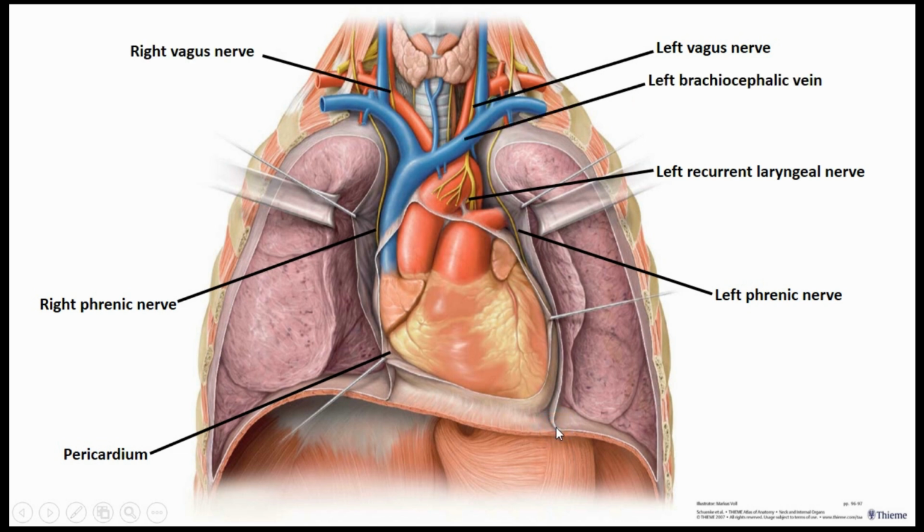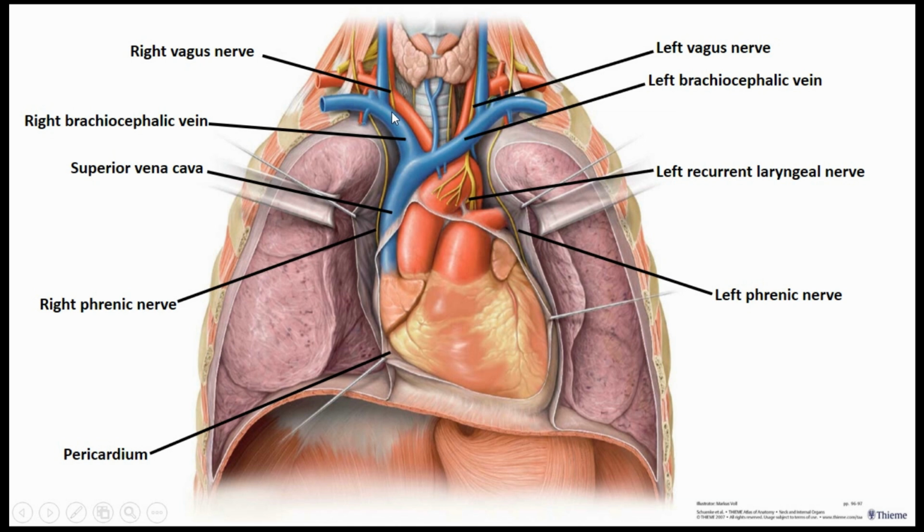Right vagus, and here the vessels are still intact in this image, so we've got the left brachiocephalic vein meeting the right brachiocephalic vein to form the superior vena cava. If I back up just a minute, we get our brachiocephalic veins from the junction of our subclavian and internal jugular veins. So subclavian vein plus internal jugular vein equals brachiocephalic vein.